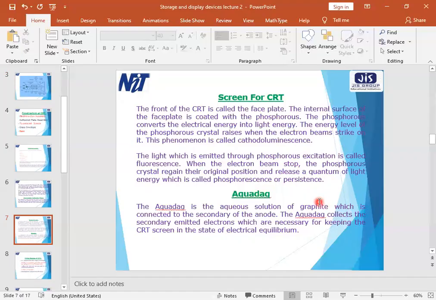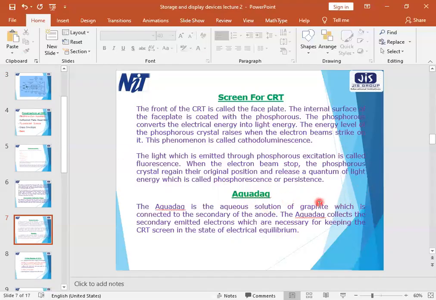Fluorescence means when light is allowed to fall over any crystal or any body which responds to the light, then it glows. But if the light source is cut off, then the crystal or the glass will not give light. But if it gives light after the cutting of the source, then this is called phosphorescence. That means the phenomenon is persisting without the source.